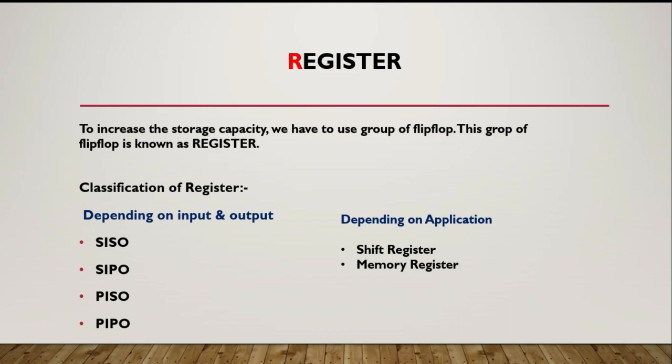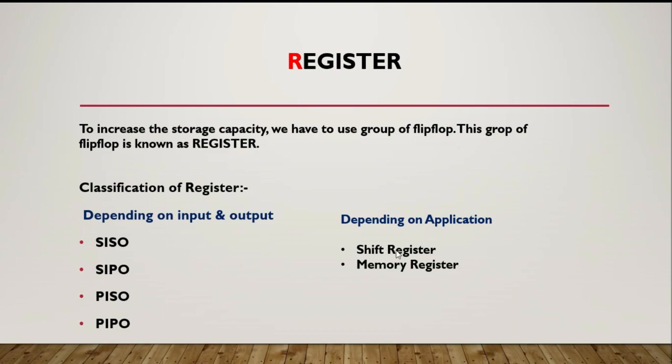In depending on input and output, there are 4 types. They are SISO, which means serial input, serial output. SIPO, which means serial input, parallel output. PISO, which means parallel input, serial output. PIPO, which means parallel input, parallel output.